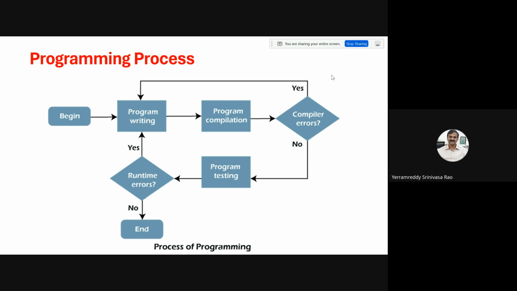If your CPU is working on 3.3 volts, high state means 3.3 volts. That means your entire electronic system, CPU, memory, sensors, peripherals, all are working on 3.3 volts. So it understands only two states, either yes or no, 0 or 1, high or low. So computers are digital systems, and a digital system understands only two states, 0 or 1.